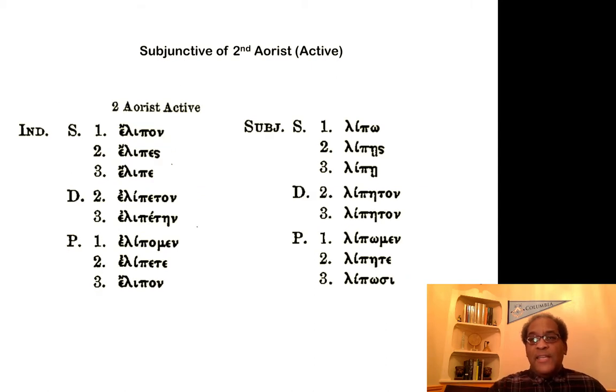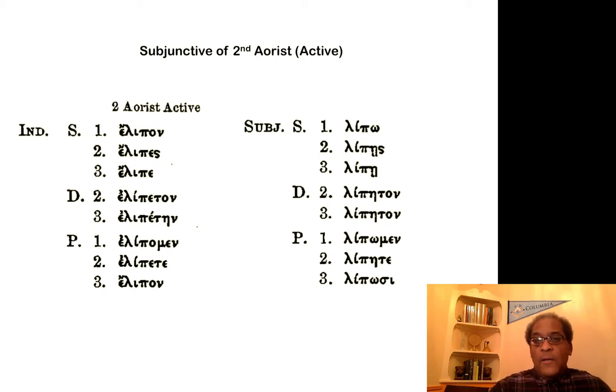Jumping to the second aorist, it's exactly the same endings, but they're put onto your unaugmented second aorist stem. So lipo, lipes, lipe, lipomen, lipete, lipose.